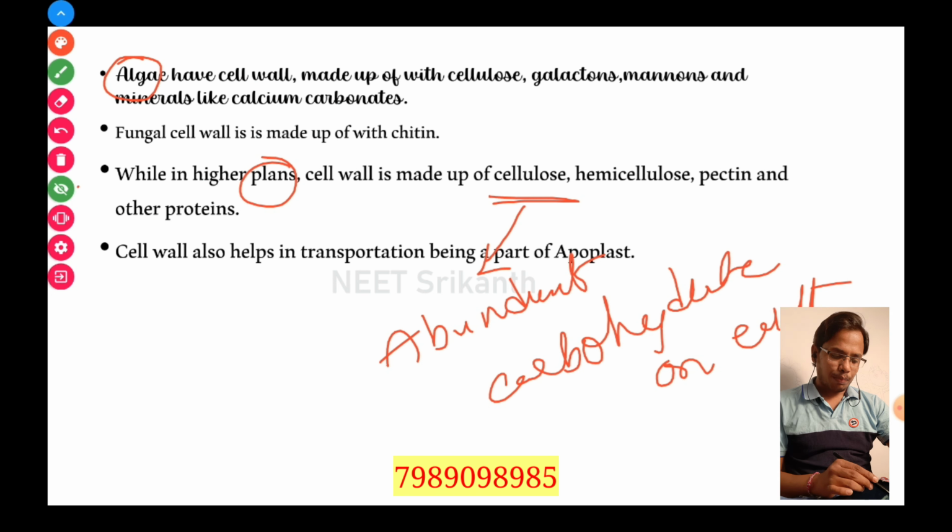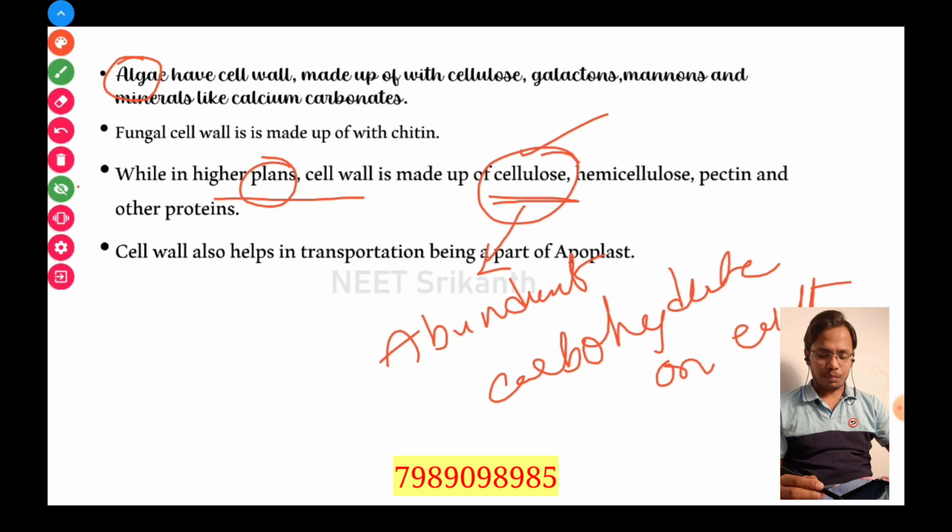Because the cell walls of most plant cells are made up of cellulose, and you can observe cotton cloths, cotton fiber, and the manufacture of paper, which also contain cellulose. So cellulose is the most abundant carbohydrate on the earth. It is a polymer of beta-D-glucose, with many beta-D-glucose units in its structure.